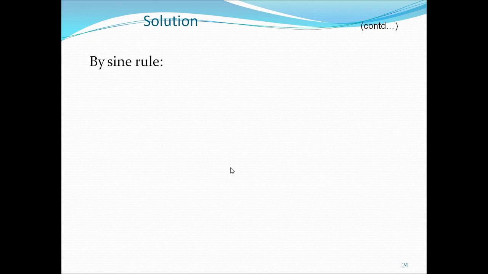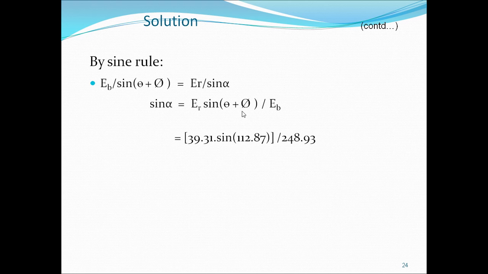That gives a value of line value. Next, to calculate the retardation angle alpha, we have to apply the sine rule in the triangle OAB. So EB by sine theta plus phi is equal to ER by sine alpha. So sine alpha is equal to ER into sine theta plus phi by EB.